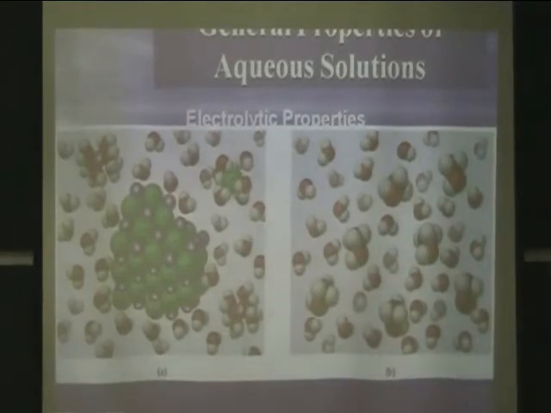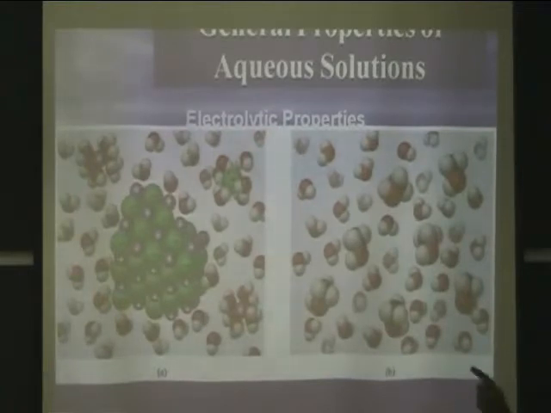What we are trying to show is that water is a polar molecule. A polar molecule means that you have a positive end on the hydrogen and a negative end on the oxygen. So there is something called ion-dipole attraction between sodium chloride and water.